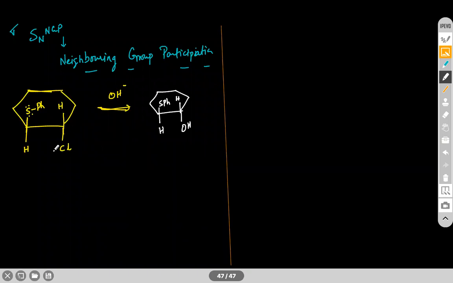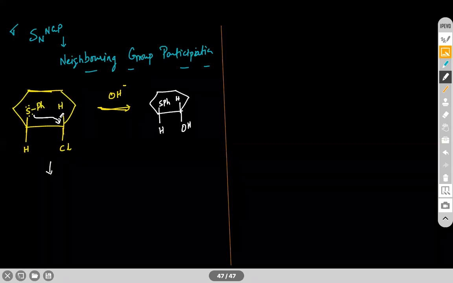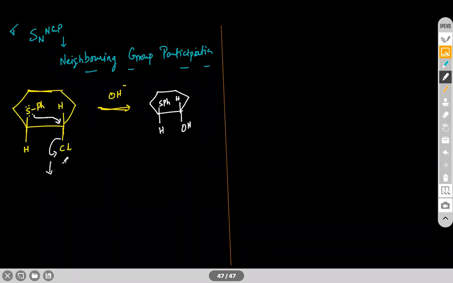Now, the mechanism of this is, since this is partial positive and partial negative charge, this behaves as a nucleophile, it attacks on this carbon atom. That's why the leaving group must be present opposite to this nucleophile, so that backside attack is possible. When this attacks over here, this goes out as a leaving group, and this is nothing but the SN2 attack.